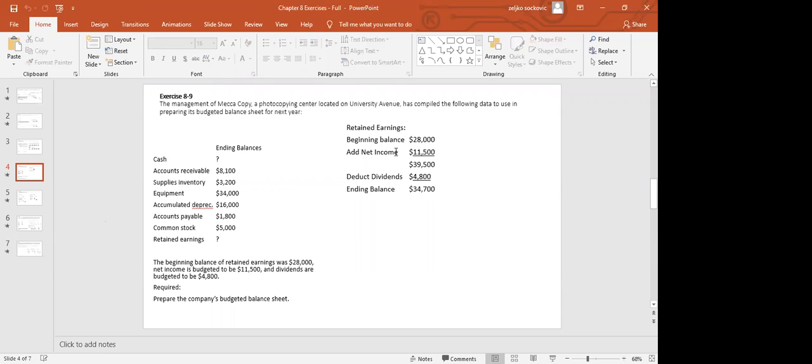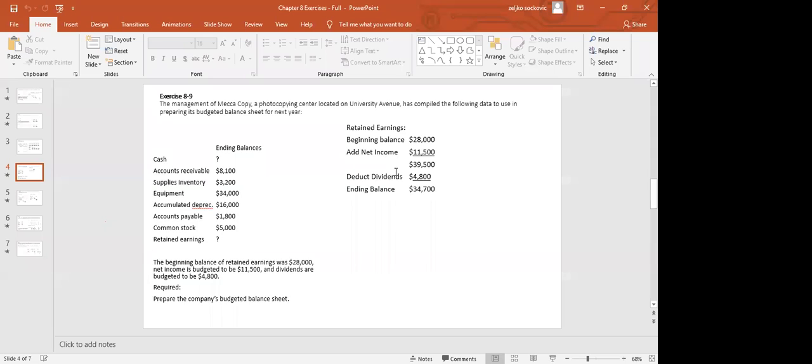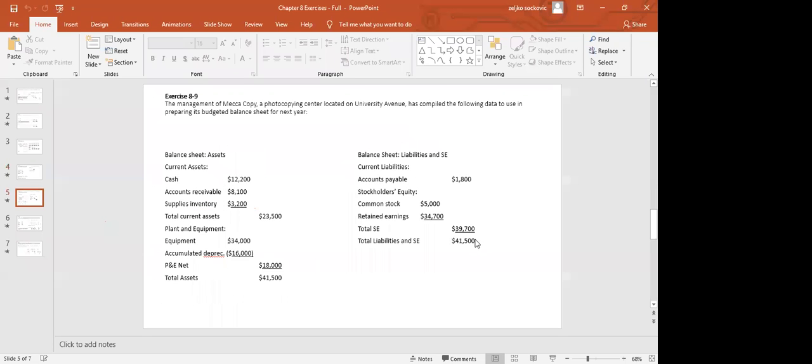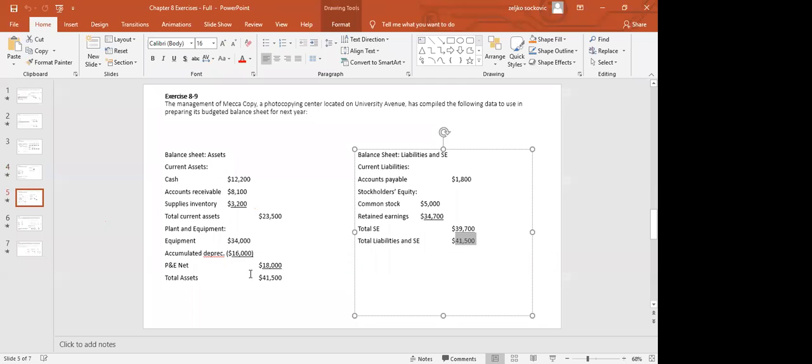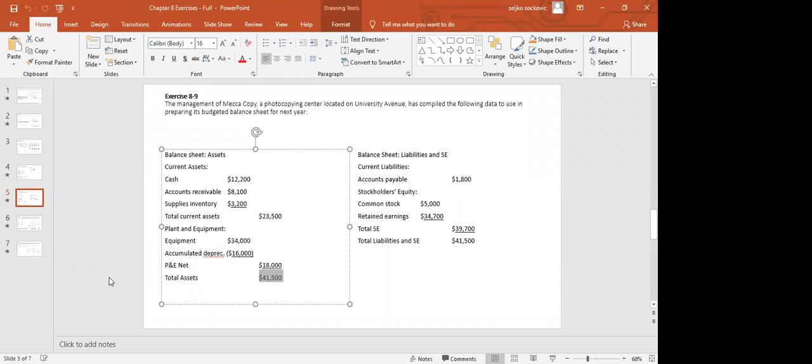So you have to know what retained earnings are. You have to know that the total balance is 41,500. So you have to figure out first retained earnings, that is 34,700. Then you have to know that this number of 41,500 here is equal to your total assets. Okay, so now I'm looking for 41,500 total.